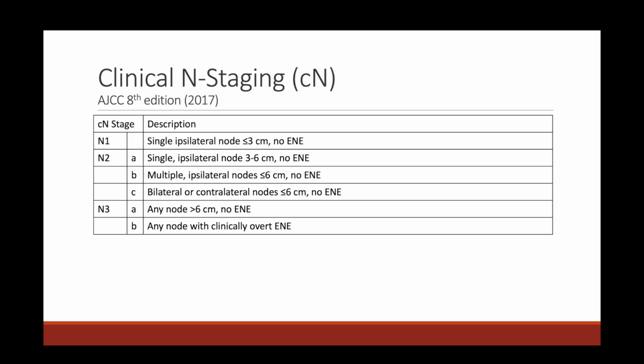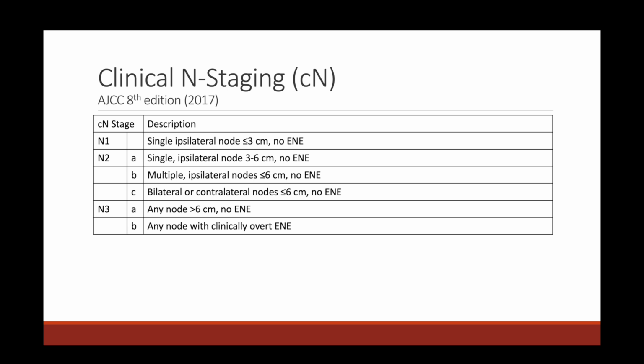But other than those two sites, all of the different disease sites, so this includes oral cavity, P16 negative oropharynx, larynx, hypopharynx, they all utilize the same clinical and pathologic nodal staging system. So I would recommend spending a lot of time memorizing this and then realize that it will apply for the majority of head and neck sites.